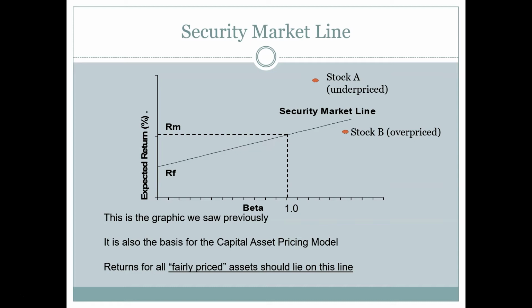Price falls enough that expected return rises. And where does it rise? It puts that stock right back on the line. So the relationship between risk and return is self-enforcing, because if we see assets that break this relationship, then they're either overpriced or underpriced, and the prices will themselves move the expected returns back onto the line.